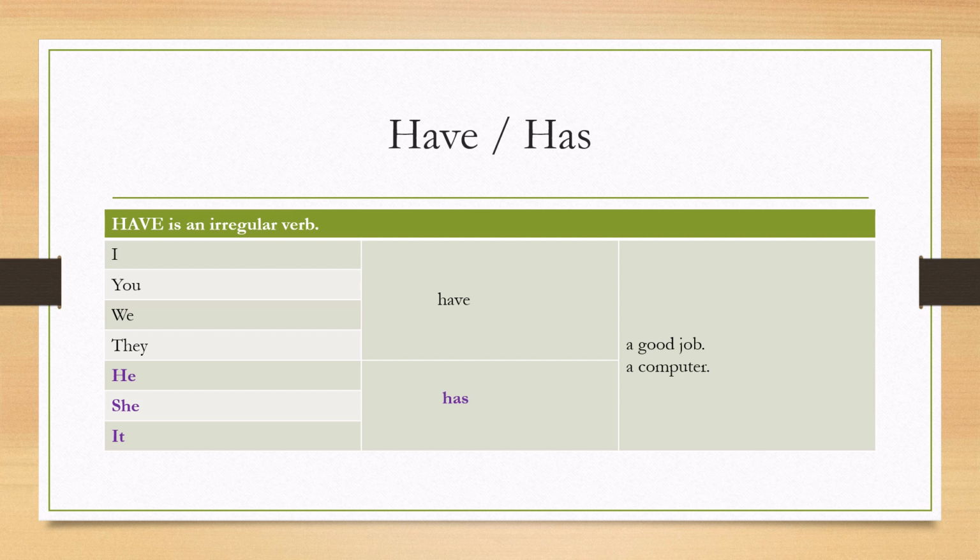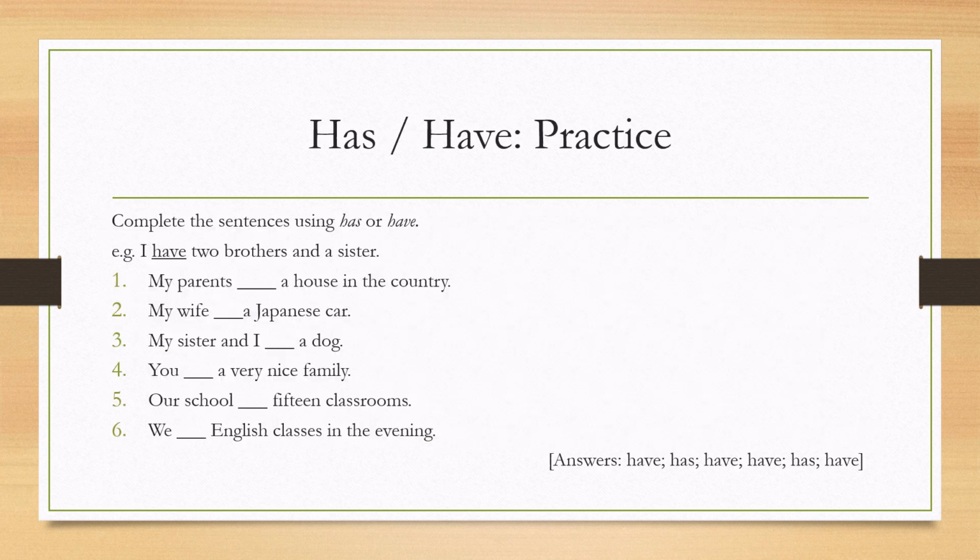He has a good job. She has a computer. It has a good job. Well, it may not make sense because it is gender neutral, but that is the idea. Third person singular: he, she, and it. You will use has with an S.